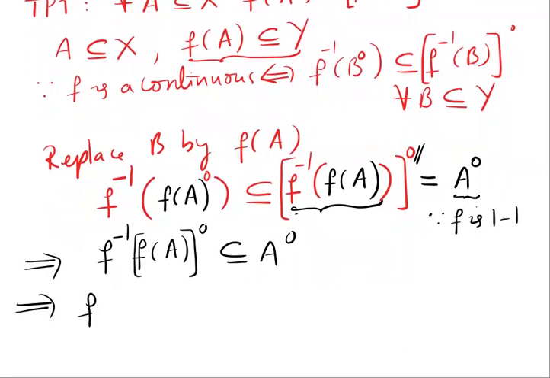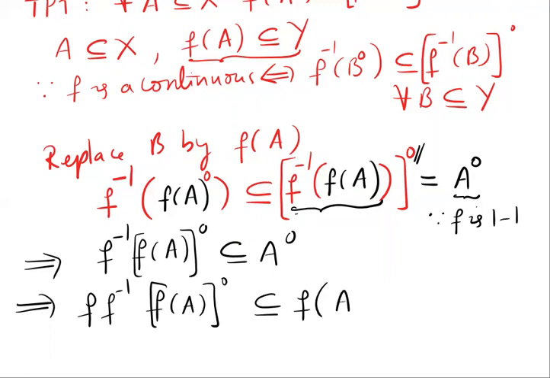So f of f inverse of f of A, whole interior as it is, is contained in the image, so I should take f of A interior. Now you have f f inverse of anything, and this is equal to f of A whole interior.